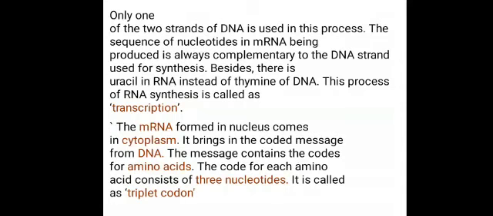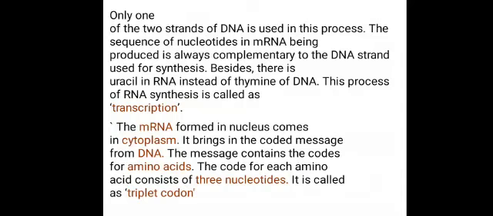Then the mRNA, after the formation of the protein, is converted into amino acids, and amino acids are formed with the help of 3 nucleotides. When a group of 3 nucleotides is present in the mRNA, that group is called a codon, that is, a triple codon.